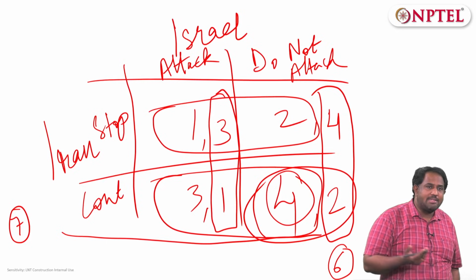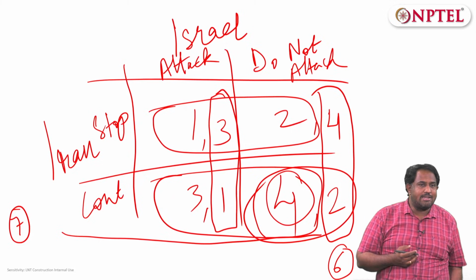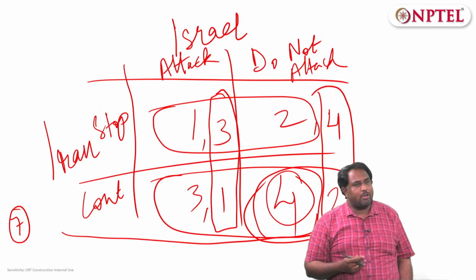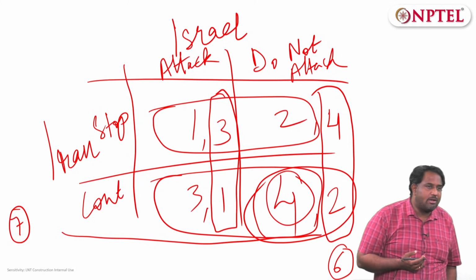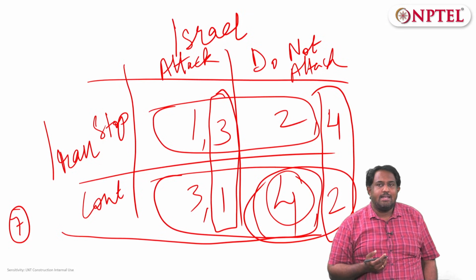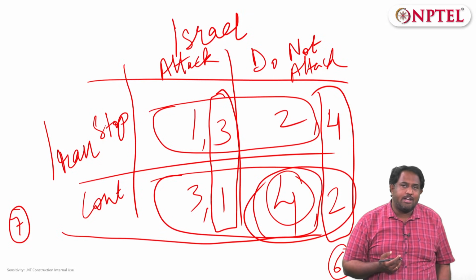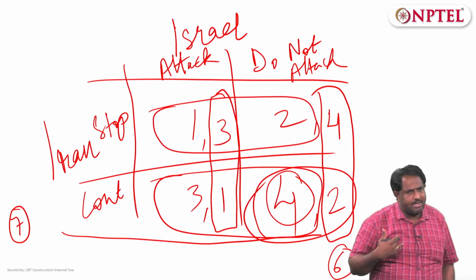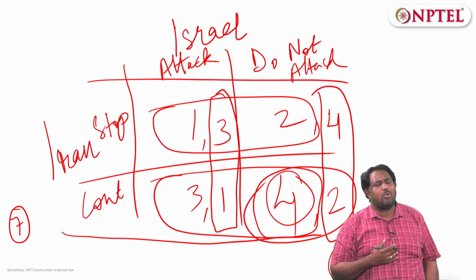And the other side that we hear is that Israel did not go in for an all-out kind of an attack, right? Although it targeted select installations, it did not declare war per se and go in for an all-out attack.